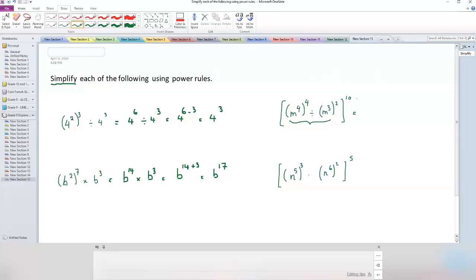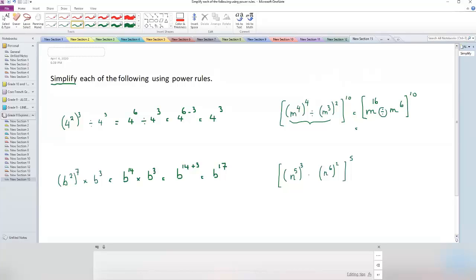Power of power, that means m, the base, 4 times 4 equals 16. Divided by m, since I have power of power, I multiply the exponents, 3 times 2, 6. And now I can leave everything as it was, to the power of 10.